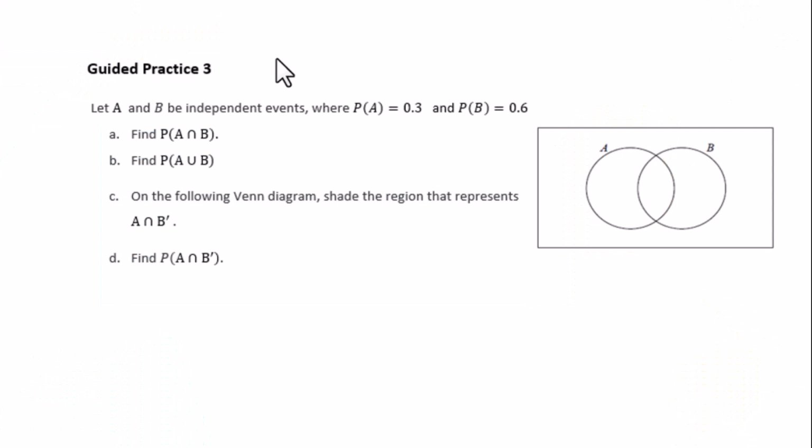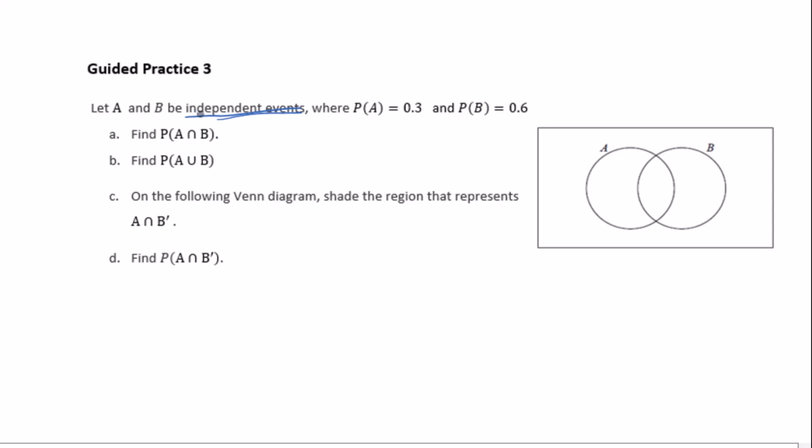Let's go to guided practice 3. Let A and B be independent events, where P of A equals 0.3 and P of B equals 0.6.